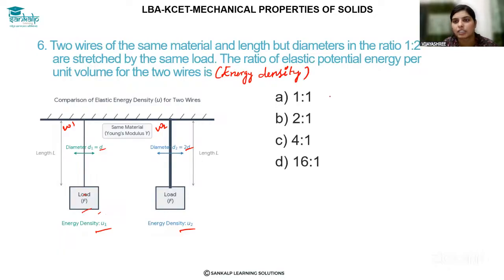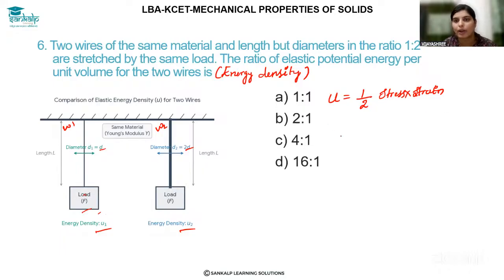I write it as U is equal to half into stress into strain. Elastic potential energy per unit volume, that is energy density U, is equal to half into stress into strain.